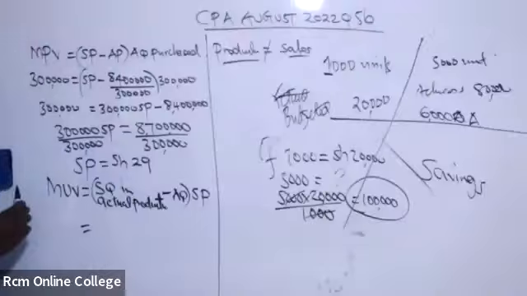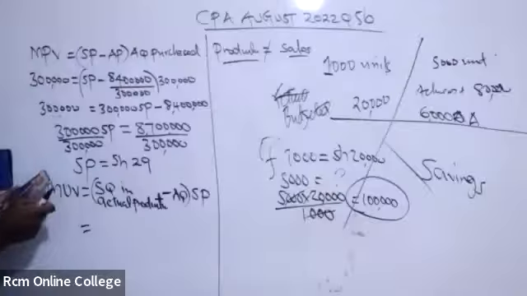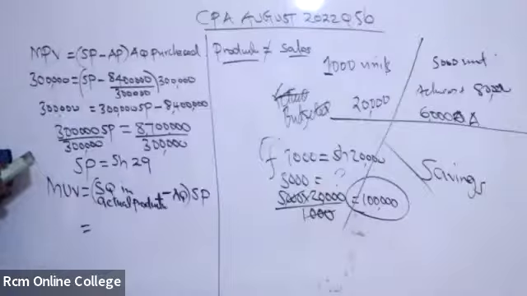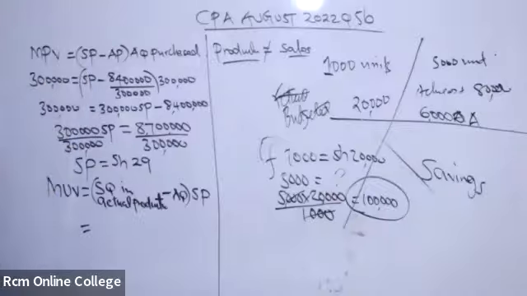Great. Let's proceed. Do we have the material usage variance? Material usage variance in our question, I can see it here as 180,000 adverse. Remember, this is not a reverse variance. You get a negative, you call it negative.